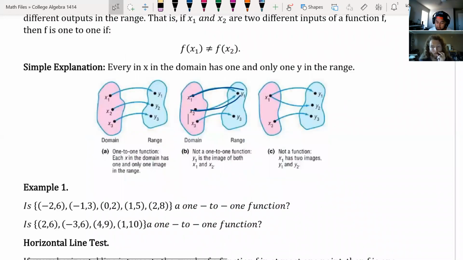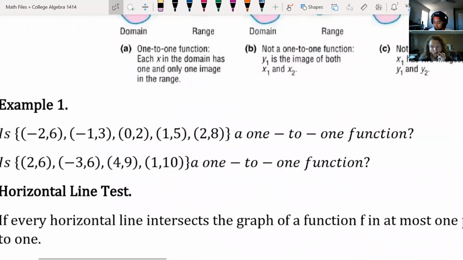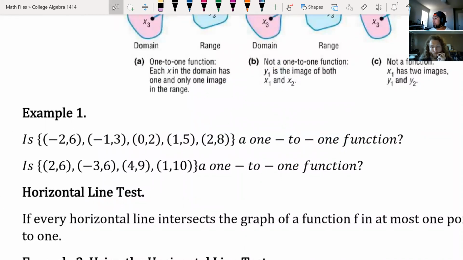Here we are given a set of coordinates, and we want to know, do these represent one-to-one functions? Looking at the first set of coordinates, you have (-2, 6), (-1, 3), (0, 2), (1, 5), and (2, 8). Do these coordinates represent a one-to-one function?